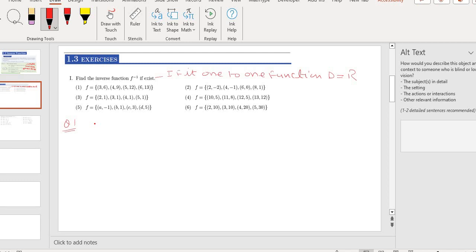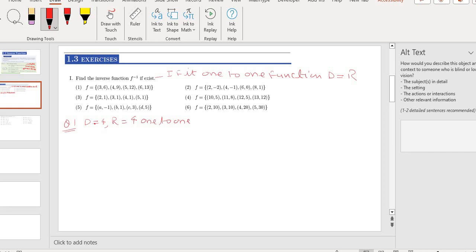Just check the first element of the ordered pair, or you can say the domain. First elements are 3, 4, 5, 6. So the domain has 4 elements and the range is 6, 9, 12, 13. The range is also 4, so that means it is a one-to-one function.